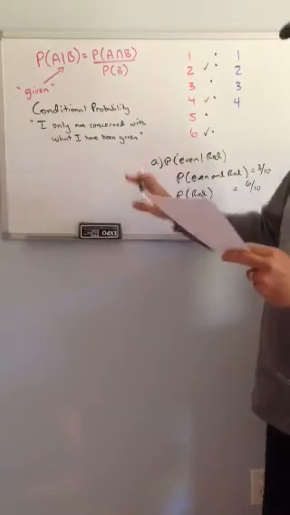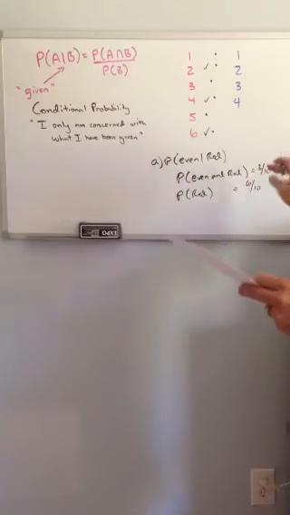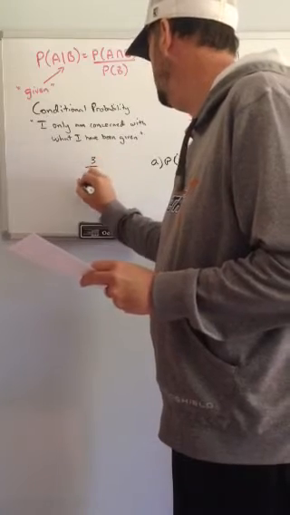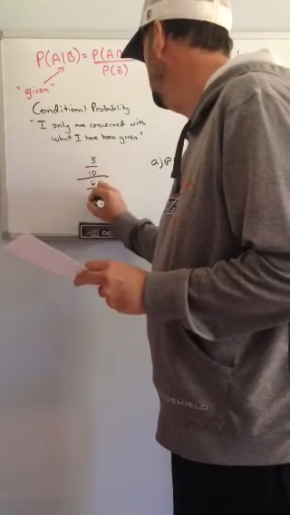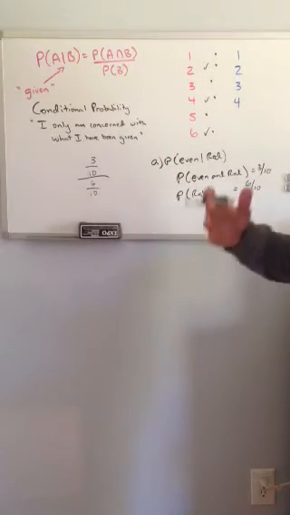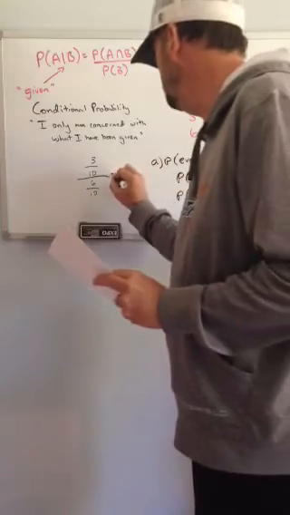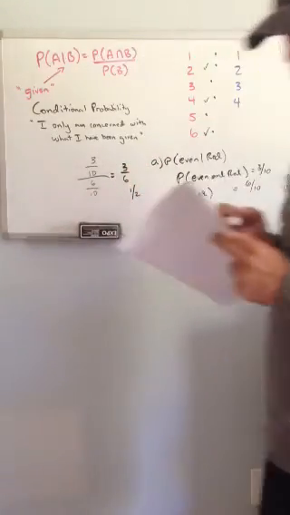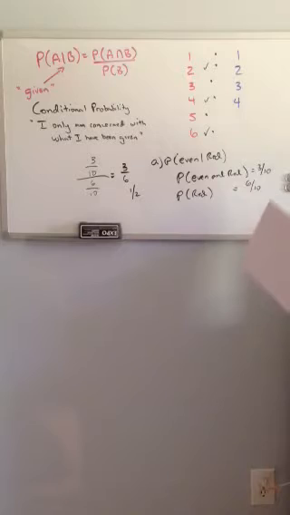If we plug that back into our formula that we used earlier, the and part is our 3 over 10. The probability of just red is 6 over 10. We go through the calculations of this, and what we end up getting is 3 over 6, or 1/2. Now, that is going through step by step, using the formula.